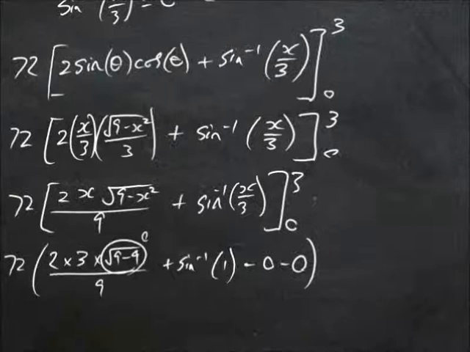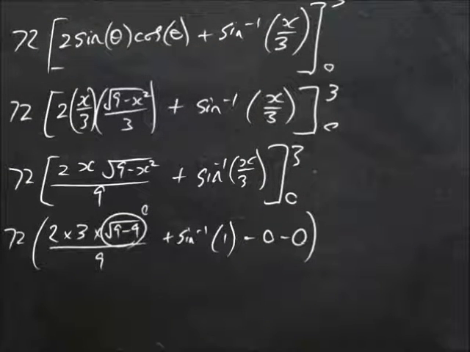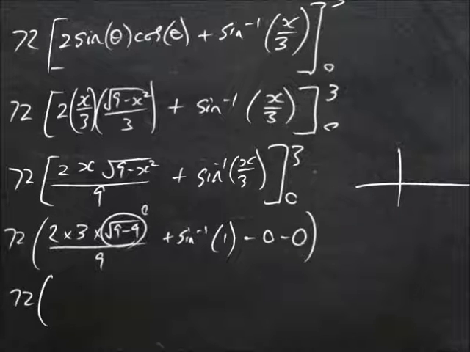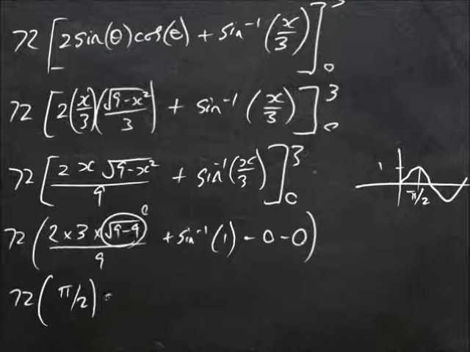So what we have is 72 times inverse sine of 1. Sine wave goes something like this. Its peak, which is 1, is at pi on 2. So therefore we have 36 pi.